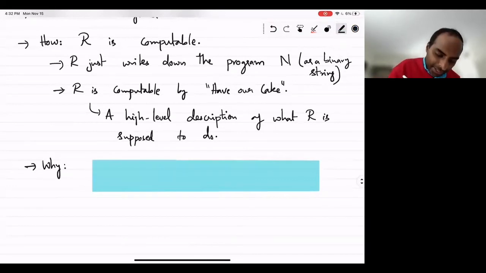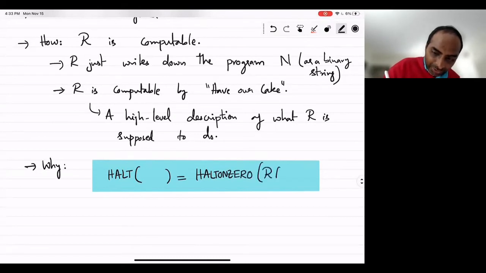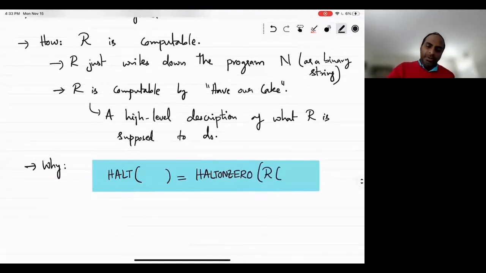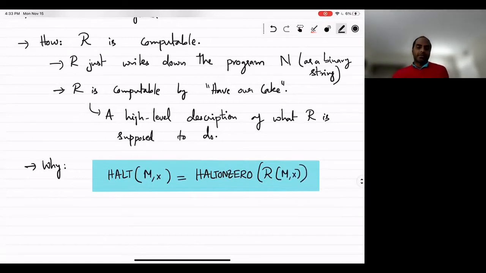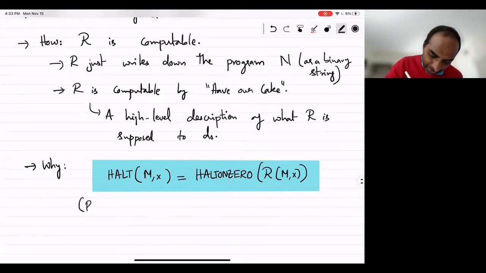Why corresponds to showing that for all inputs, halt equals halt on 0 of R of the input. So we need to show that halt of M comma X equals halt on 0 of the reduction applied to M comma X.